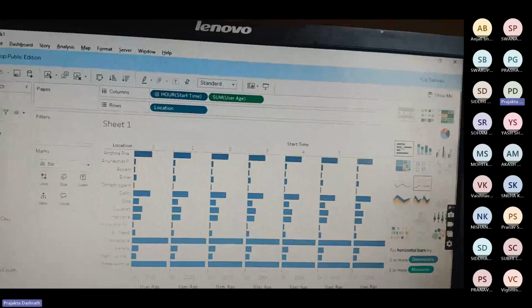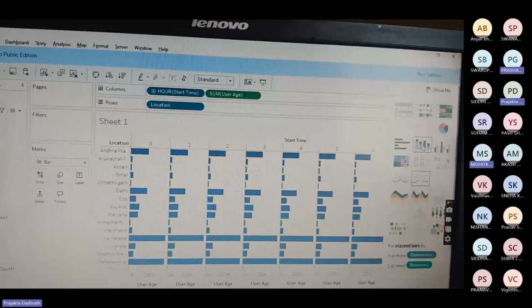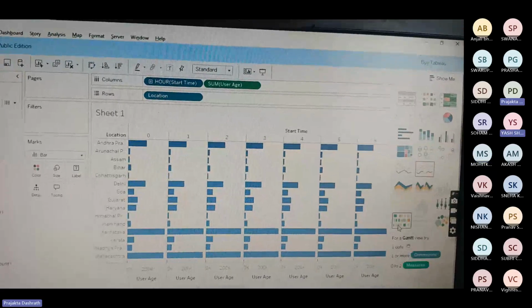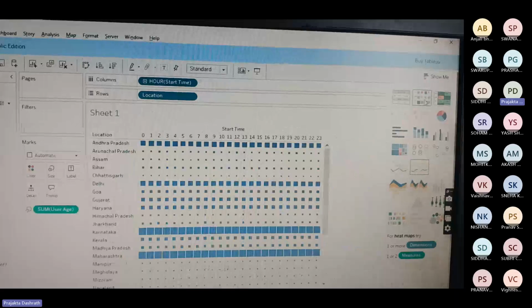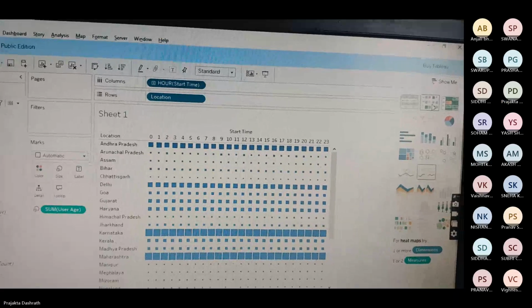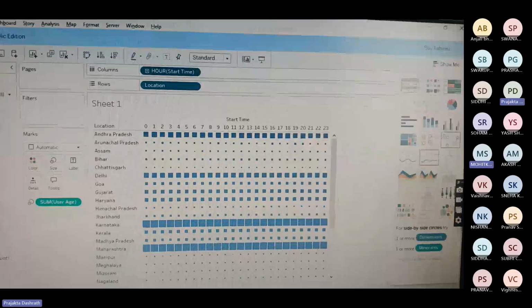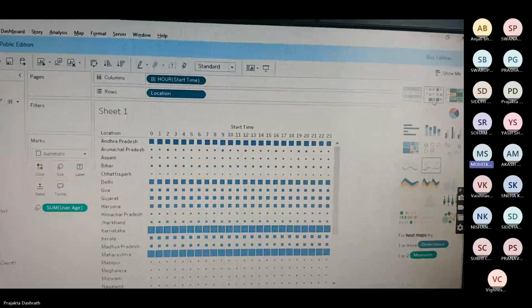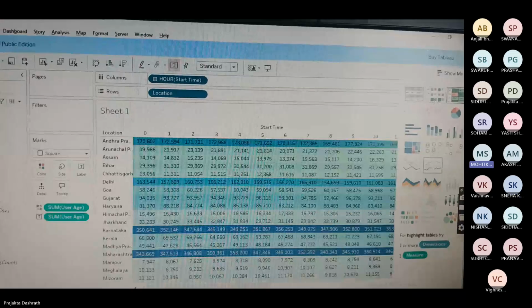Okay, one. Next is heat map. Yes, ma'am. Heat map. Where is heat map? Second. Okay, very good. Highlight tables. Highlight tables. Very good. And pie chart. Stacked bar.